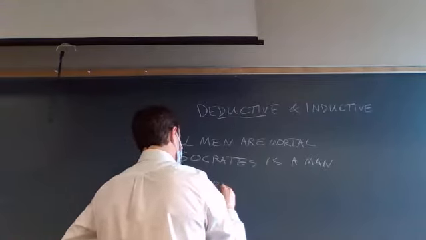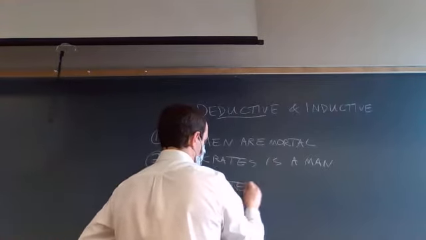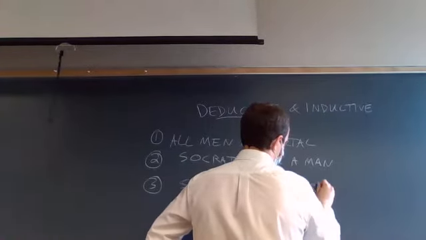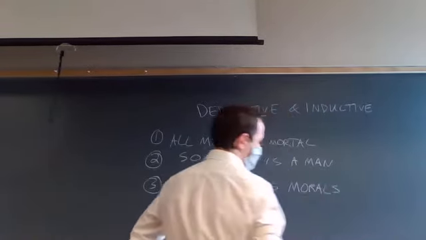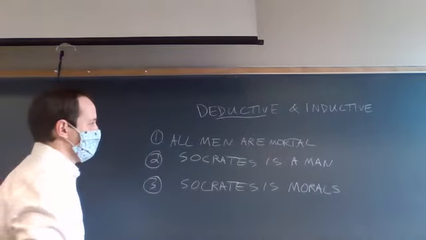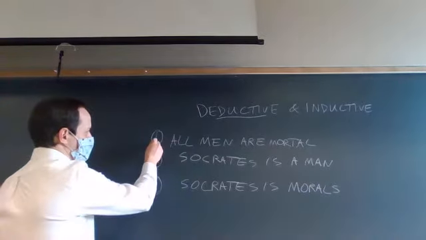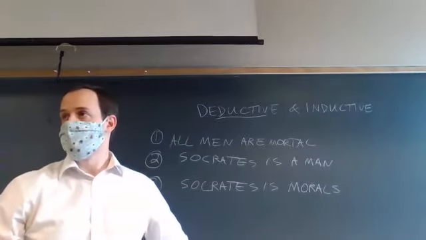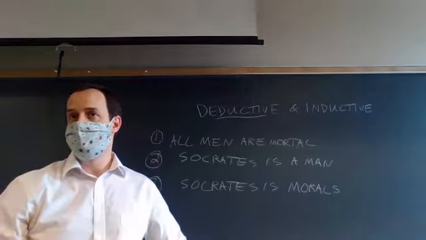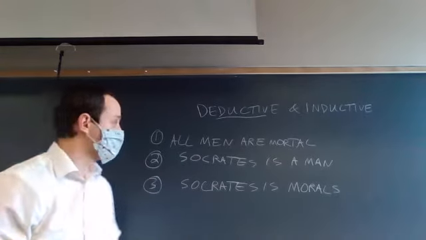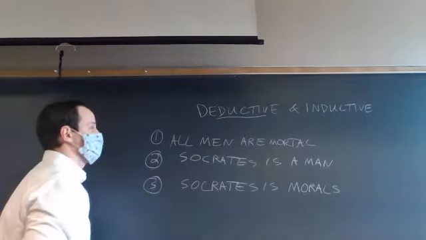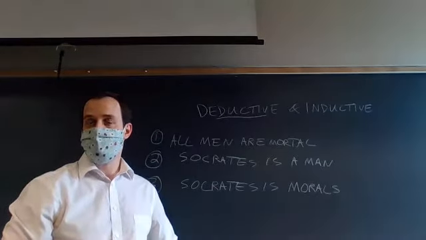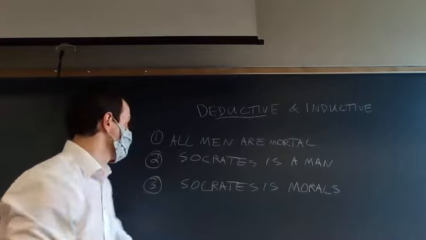This is a classic version of deductive reasoning. We are reasoning from generals to specifics, from general principles to particular instances. Basically, we've stipulated in the first premise that a particular characteristic is true of all members of a particular demographic class. And then in the second premise, we stipulate that Socrates is a member of that demographic class. Therefore, Socrates must exhibit or manifest the characteristics of the members of that demographic class.